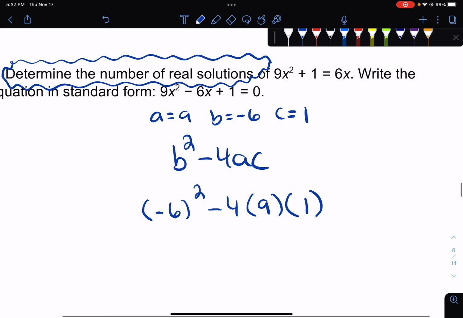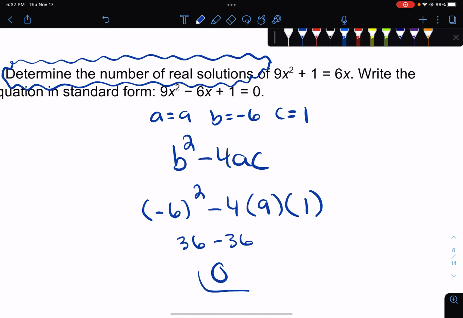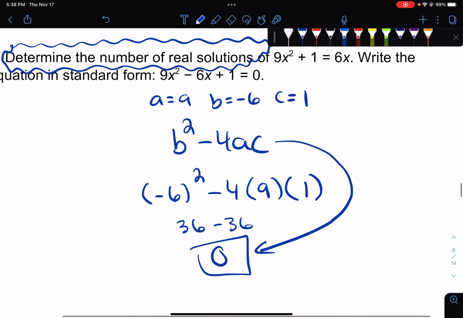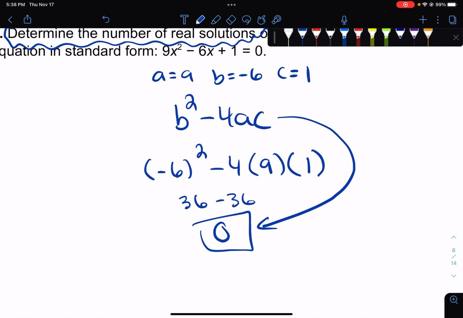So when I plug this in my calculator, I get what? 36 minus 36, which comes out to be 0. If b squared minus 4ac is 0, that means I'm going to take the square root of 0. So that means I only have 1 solution.